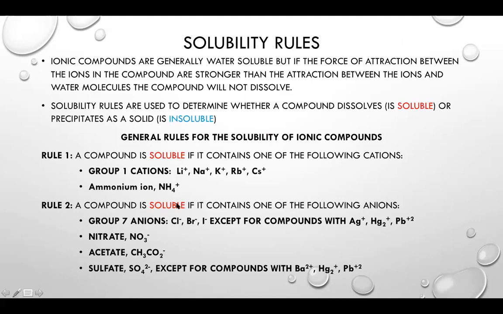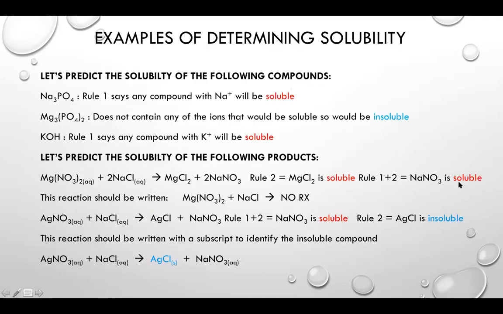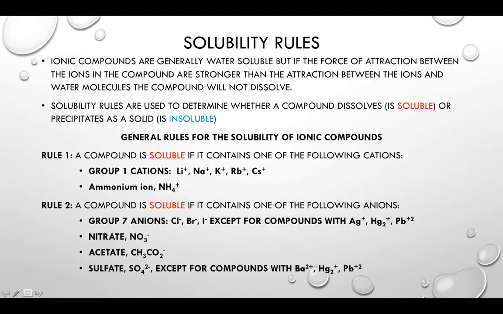And so even though the chlorine is here, which would make it soluble, we have this exception: except for compounds with silver. So this product is actually going to be insoluble, and that means that we're going to get a product. So this reaction should be written with a subscript to identify the insoluble compound. We know that the reactants are aqueous, as we started with. We have the silver chloride that is insoluble, meaning it's going to be a solid, just like we talked about.